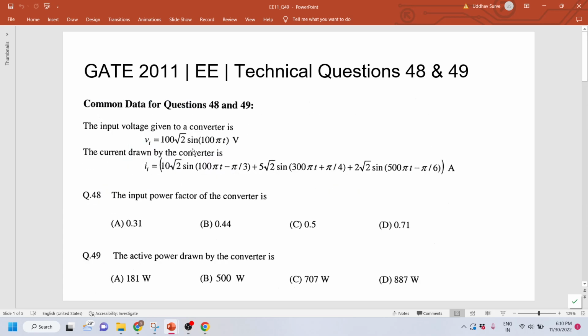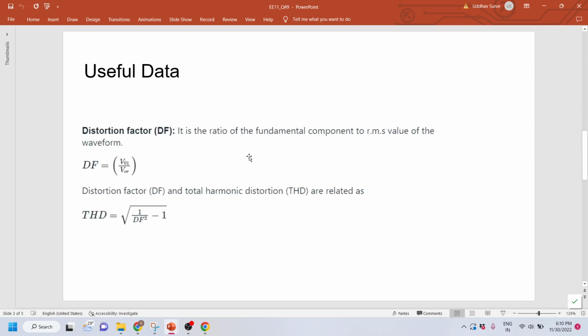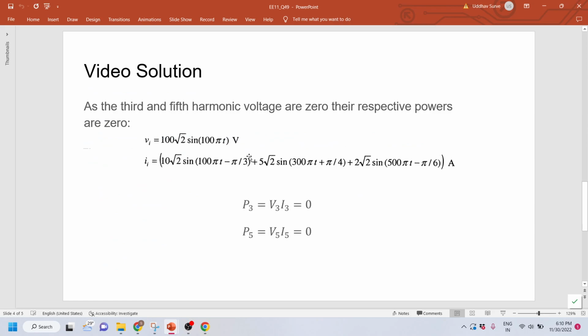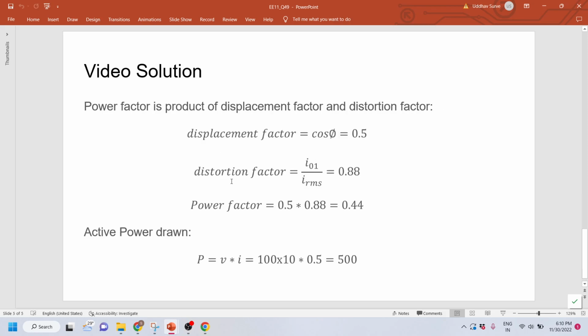Okay, in single phase there are two components. When you multiply two single phase supplies, there is something called an oscillating power and there is something called active power. So when you take average, the oscillating power comes out to be 0. I leave that exercise to you because that is an important concept and you should understand that on your own. Okay, so P3 and P5 are 0 and multiplication of V with these remaining harmonic contents is also 0. So the only component that contributes to active power is the fundamental component.